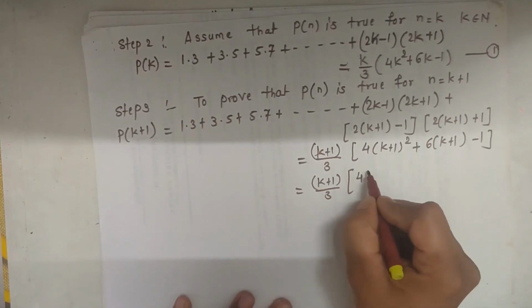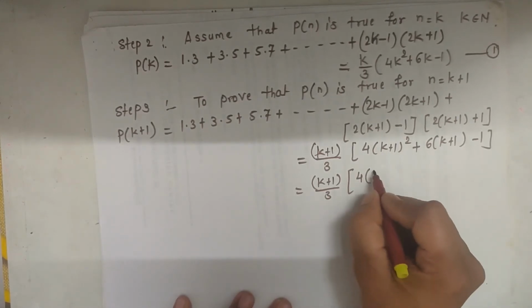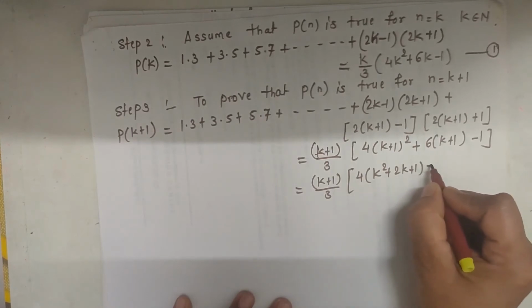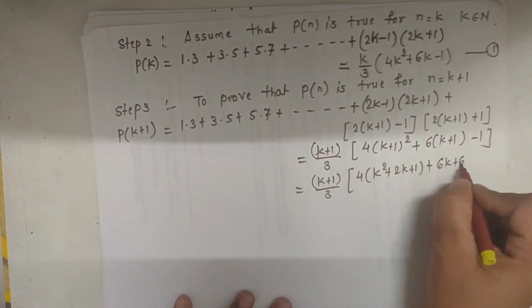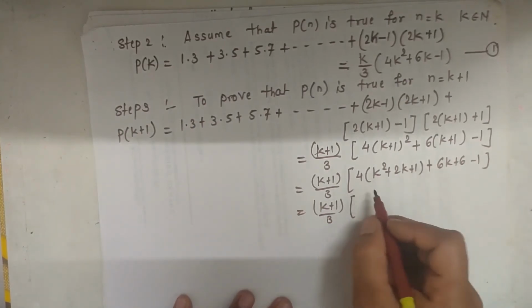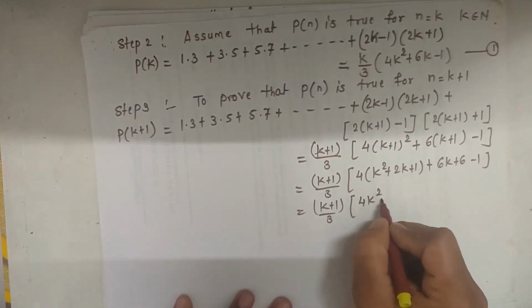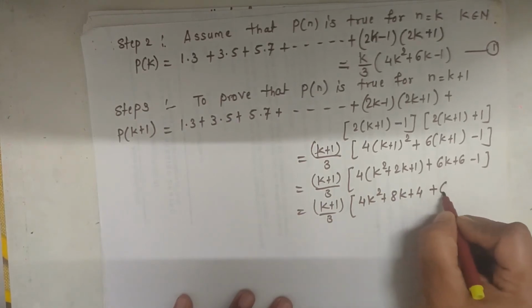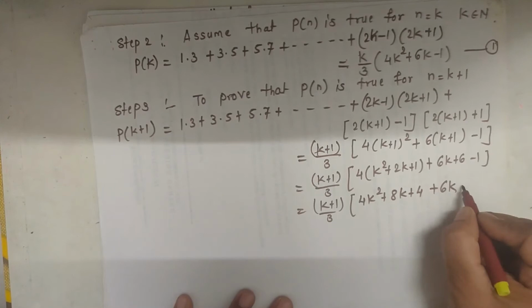Here 4 into k plus 1 bracket square, that is k square plus 2k plus 1, plus 6k plus 6 minus 1. So k plus 1 by 3 into, multiplying by 4 into the bracket, then 4k square plus 8k plus 4 plus 6k, here 6 minus 1, that is plus 5.